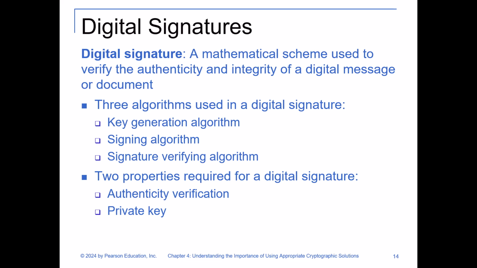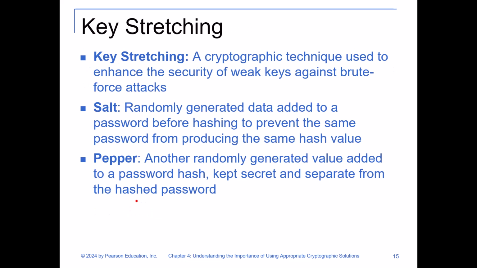There are two very important requirements here. Let me actually grab my pen. I want to highlight those. The big ones are authenticity verification and the private key. You have to be able to encrypt a message, send it, verify it. Authenticity verification is crucial here.